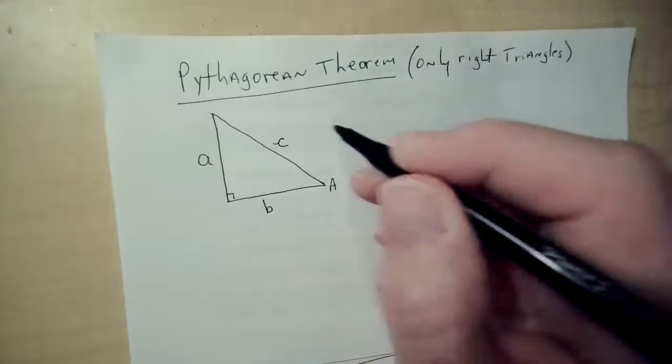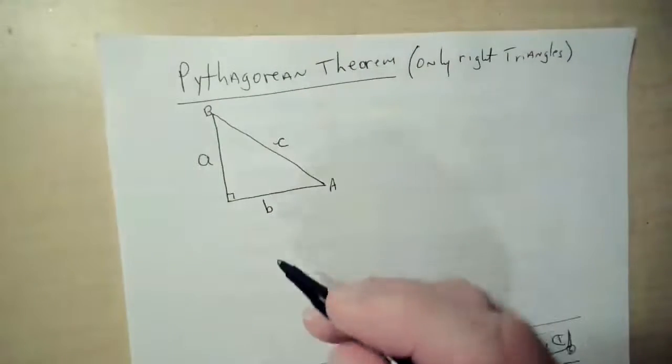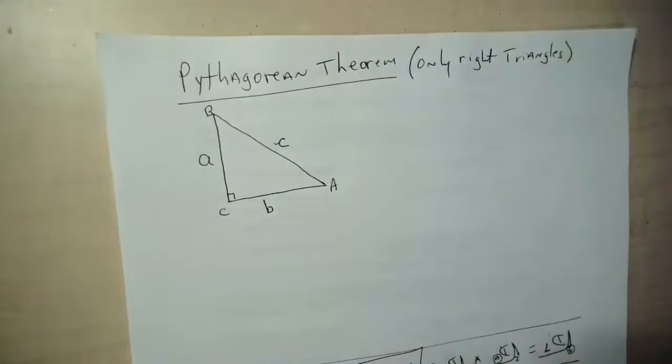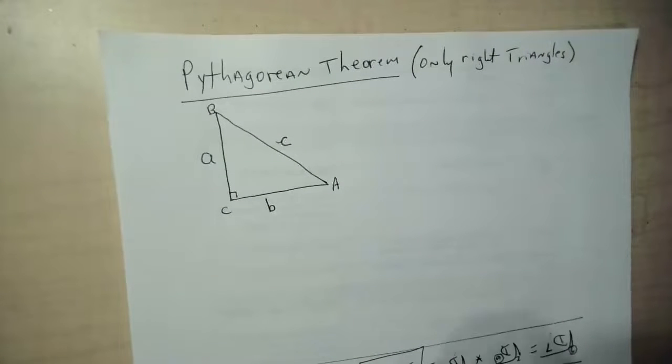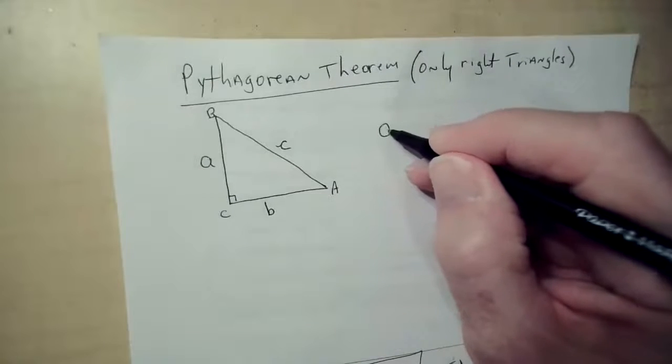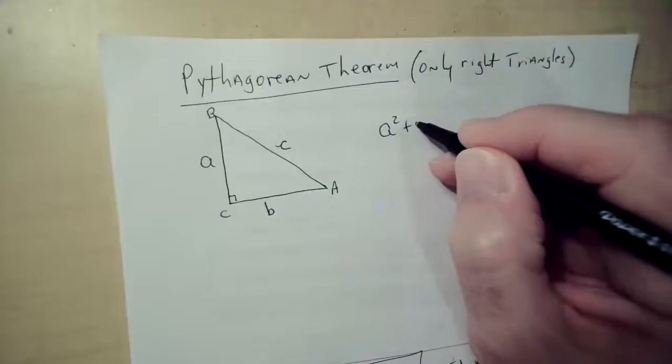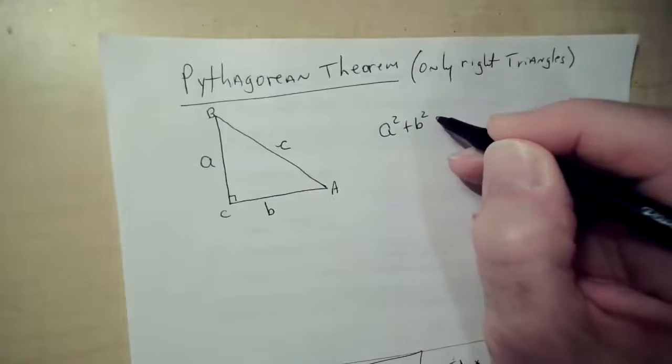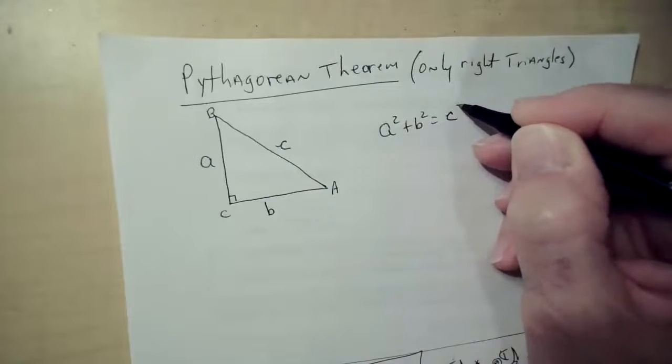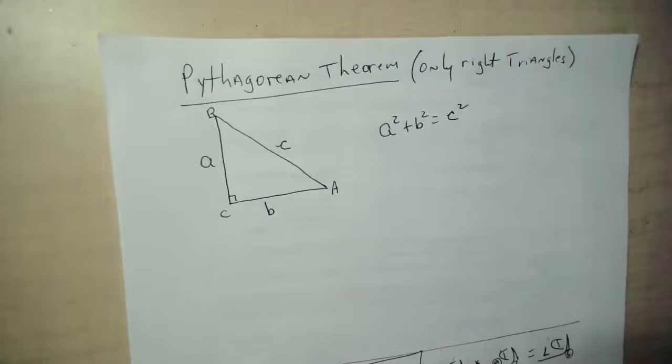Angles, this would be capital A, capital B, the angles are capital letters. The sides are lowercase letters. But the Pythagorean theorem states this: a squared plus b squared equals c squared.